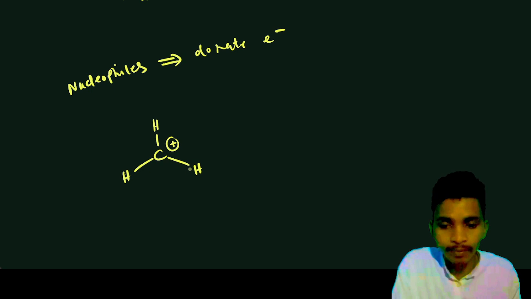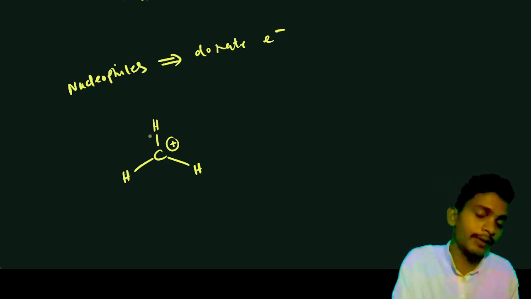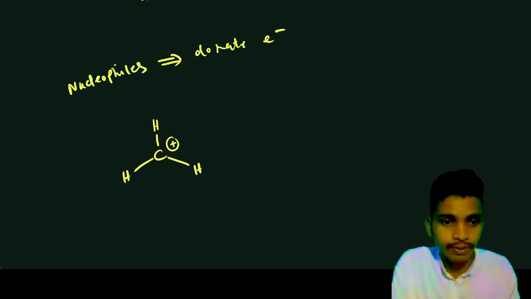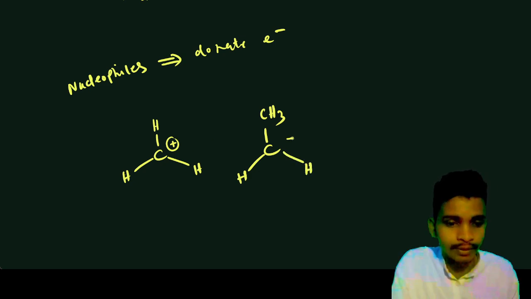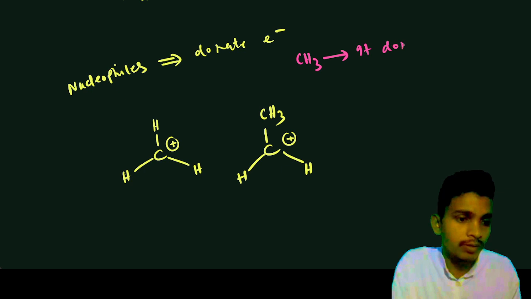Now if we have three hydrogens around it, they will donate very few electrons. So hydrogens donate very few electrons. But if, instead of hydrogen, I replace one with a CH3 group, then this CH3 group donates electrons through a sigma bond.